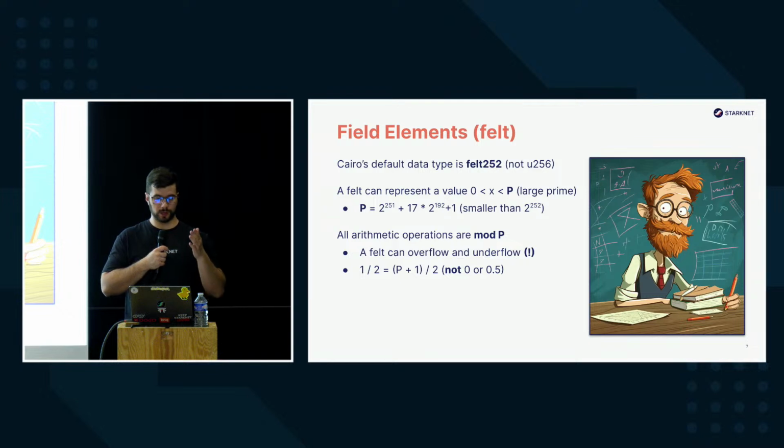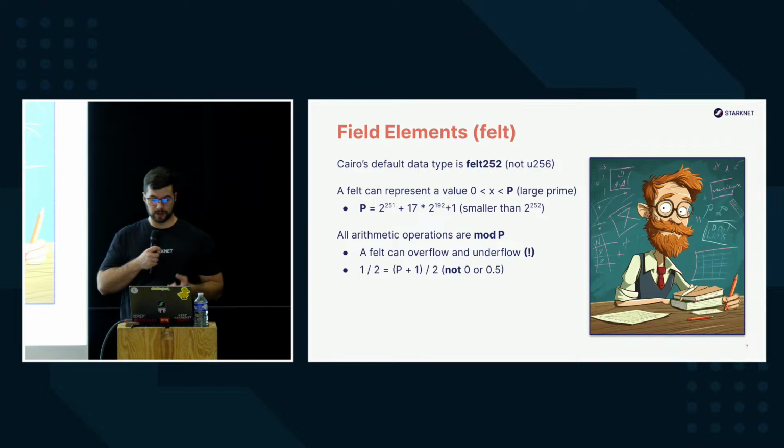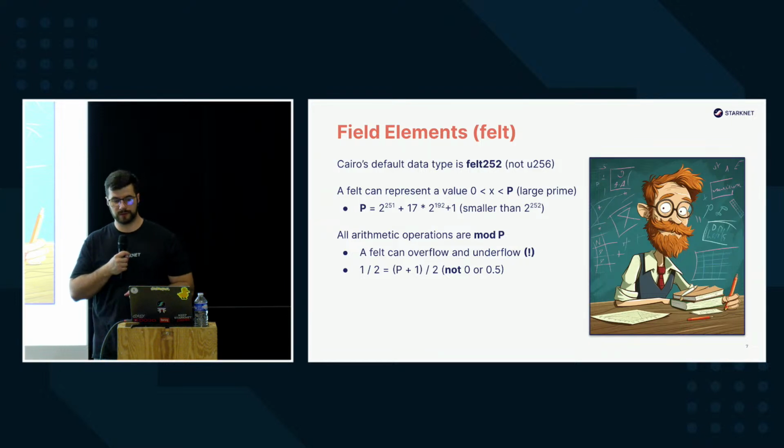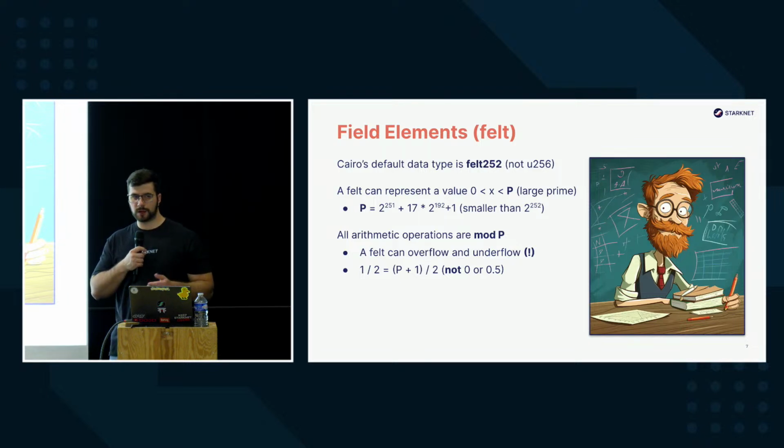If you have 1 divided by 2, again, these are field elements, this will be a surprising result: it's going to be represented by (p+1)/2. So we have this large prime number, and it's divided by 2. And it won't be 0 or 0.5. So this result will be quite big. It's not an error of the system. This is how field elements work. And again, if you want to dig deeper into field elements and how these operations work, I would recommend the Cairo white paper.